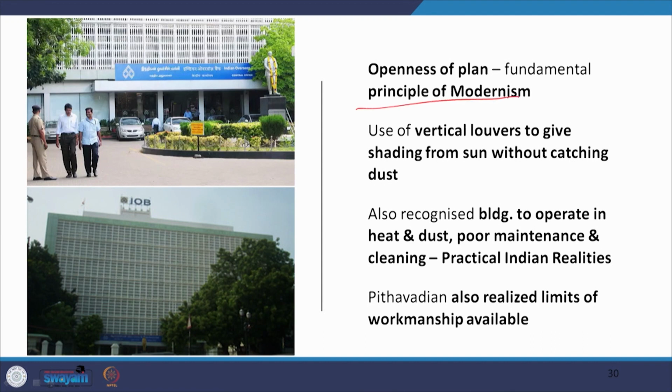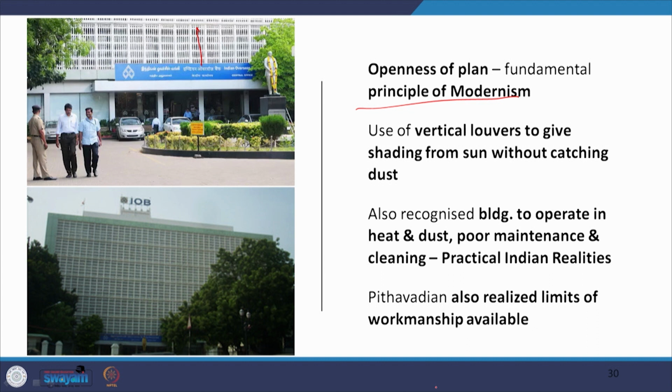There is an openness of plan which is the fundamental principle of modernism, but instead of the horizontal louvers of Chitale, in this building Pitavadian goes in for vertical louvers, and to give the shading from the sun without catching dust. The congested louver facade, the very closely spaced louvers, is also a recognition that the building, as I said earlier, is to operate in the heat and dust of India.